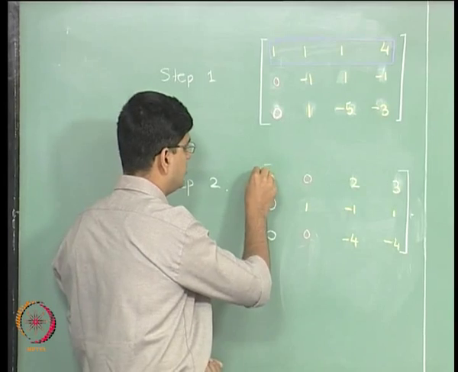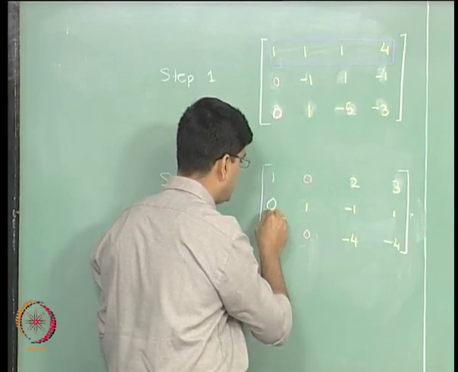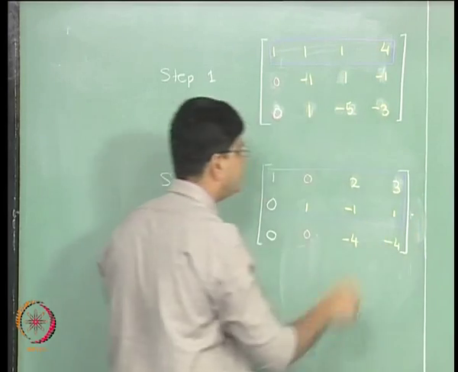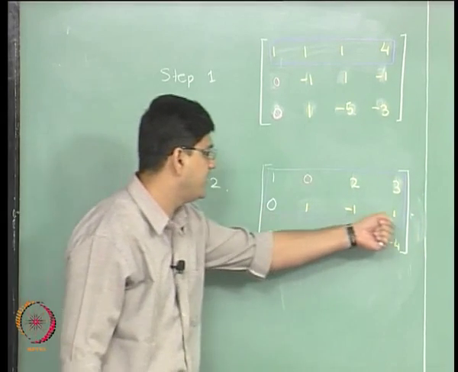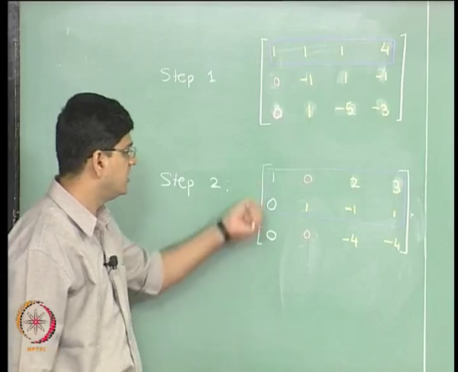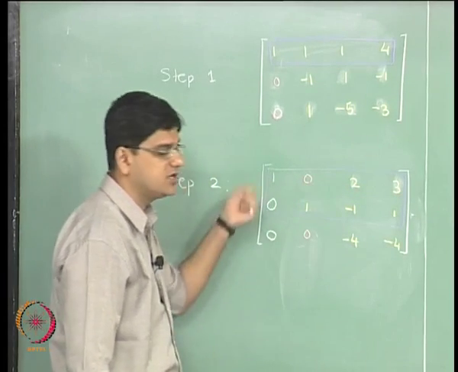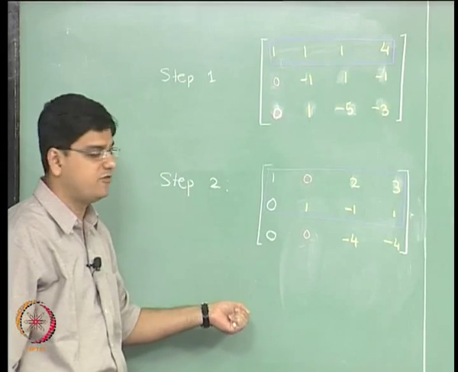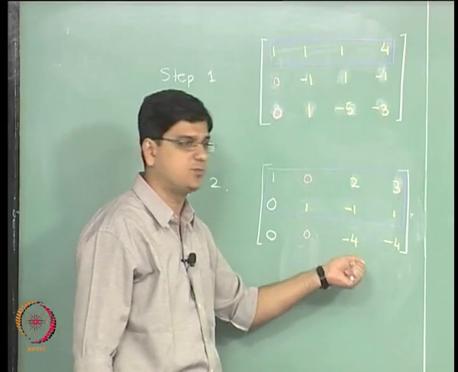The difference in Gauss elimination and Gauss Jordan now lies in both these rows, because we have divided throughout by this particular element, and then we have done the same thing over here. Okay. So the Gauss elimination step, if we were to follow, would have ended at this point.